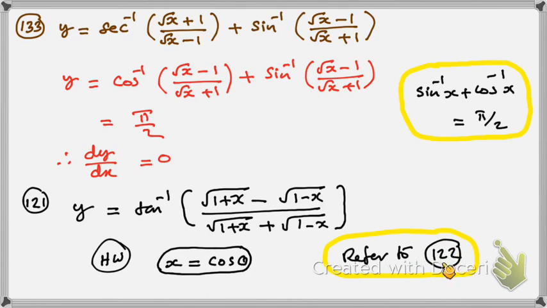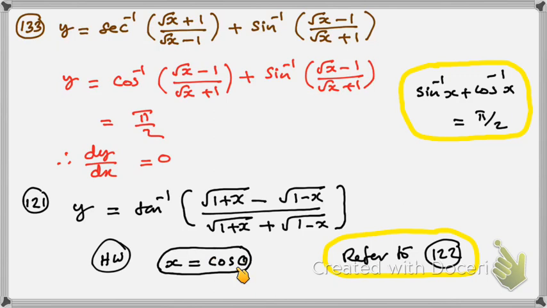If you go back and see the previous video, we have a question on it, which was tan inverse of root of 1 plus x square minus root of 1 minus x square by root of 1 plus x square plus root of 1 minus x square. And we said if both 1 plus x square and 1 minus x square are involved, make x square equal to cos theta. But here I have both 1 plus x and 1 minus x in a question.